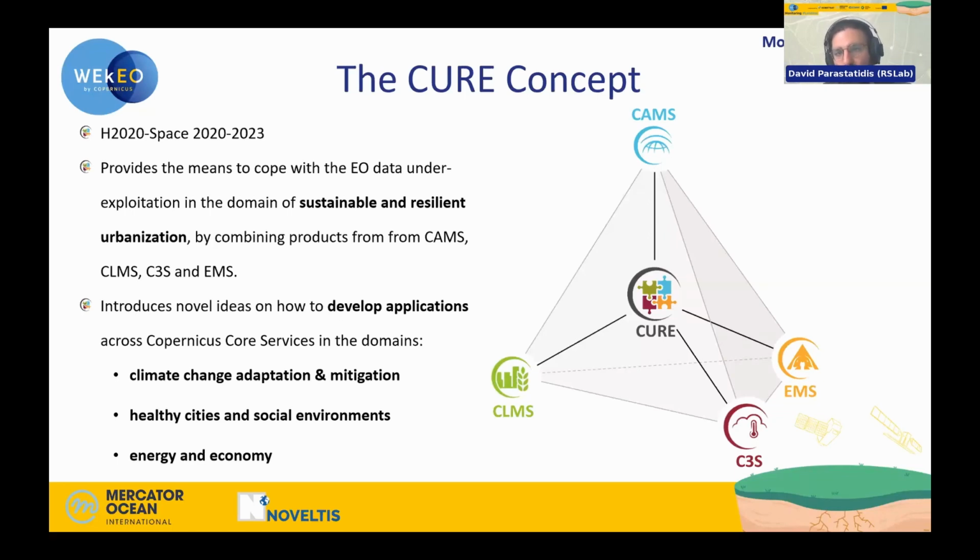In WEkEO, we combine products from 4 of these services: the atmosphere, the land, the climate change, and the emergency. And we introduce new ideas on how to develop applications across these services in the domains of climate change adaptation and mitigation, healthy cities and social environments, and energy and economy.